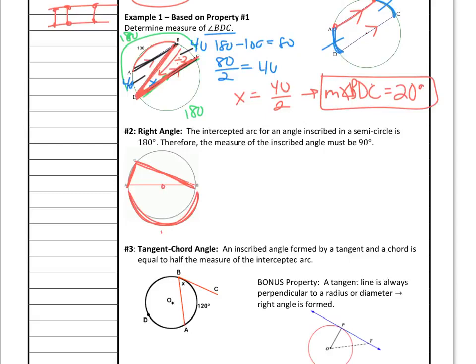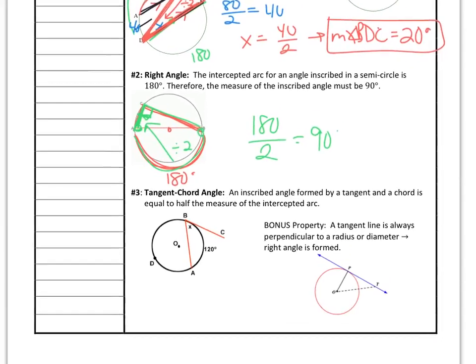So this arc out here, they're saying is 180 degrees. Therefore, to find my angle, I have to divide it by 2. Well, 180 divided by 2 is 90. And so this angle will always be a right angle as long as it opens up to a diameter or to a semicircle.